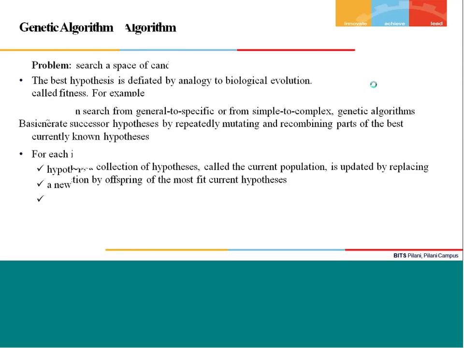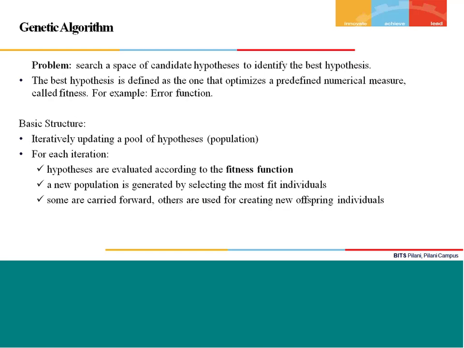So the genetic algorithm problem is to search a space of candidate hypotheses. Candidate hypotheses means I take several hypotheses at a time, the ones I am currently using to evaluate my problem, and search that space to identify the best hypothesis.